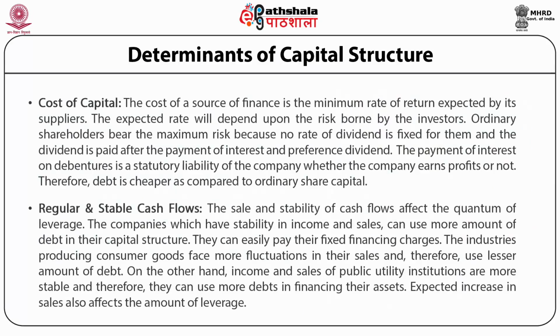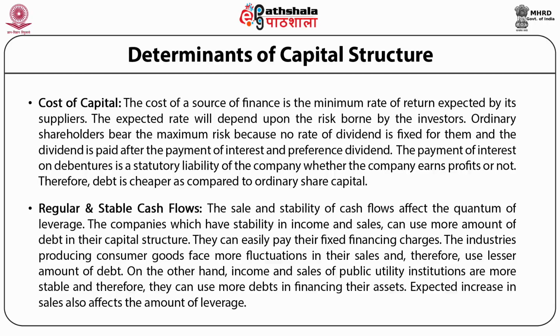Next is regular and stable cash flows. The sale and stability of cash flows affect the quantum of leverage. The companies which have stability in income and sales can use more amount of debt in their capital structure. They can easily pay their fixed financing charges.